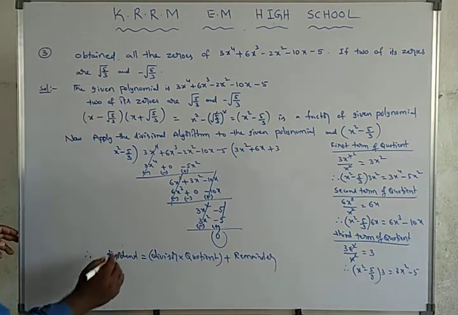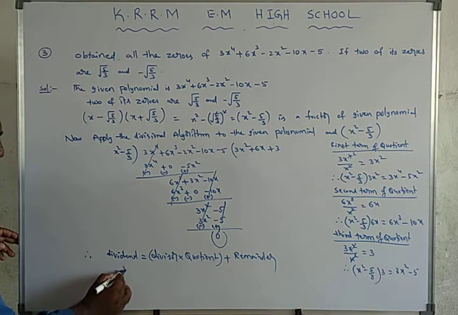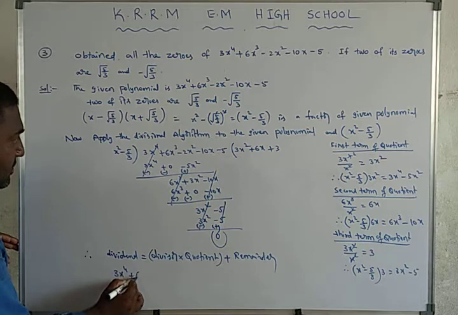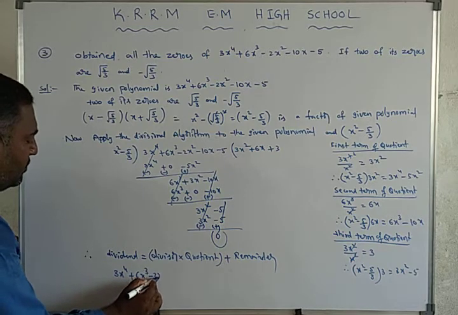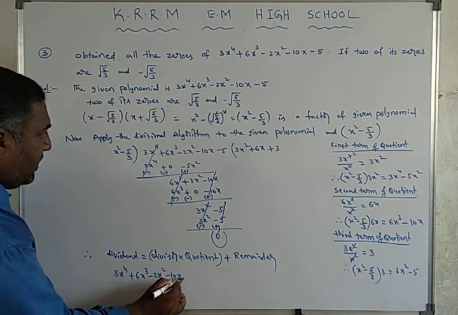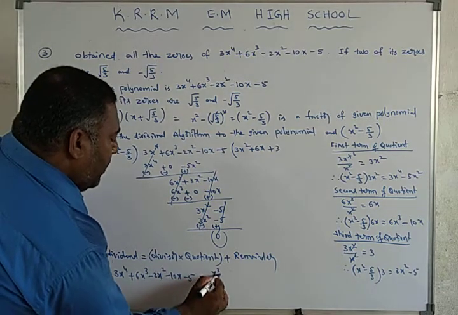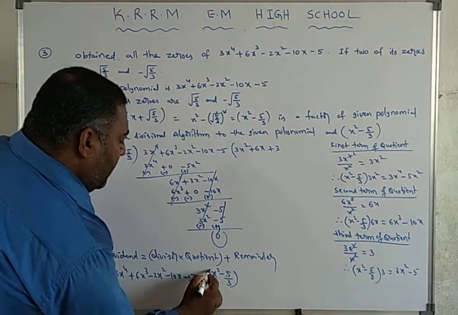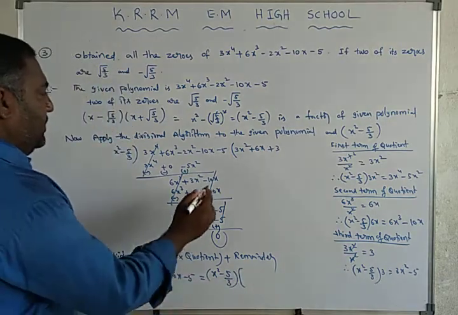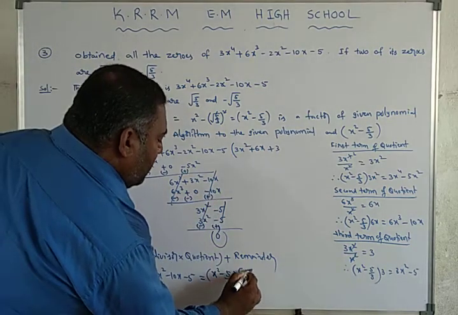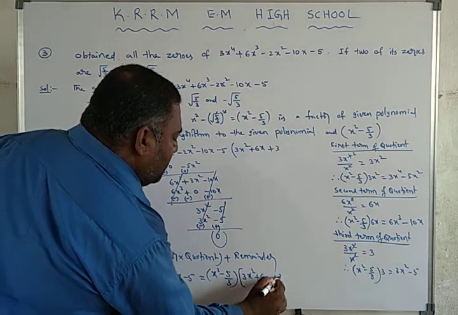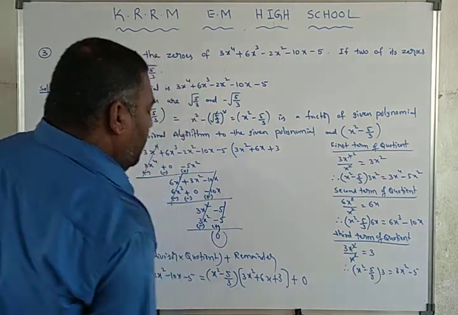So the dividend 3x power 4 plus 6x cubed minus 2x square minus 10x minus 5 is equal to the divisor x square minus 5 by 3 into, what is the quotient? 3x square plus 6x plus 3, plus remainder 0.